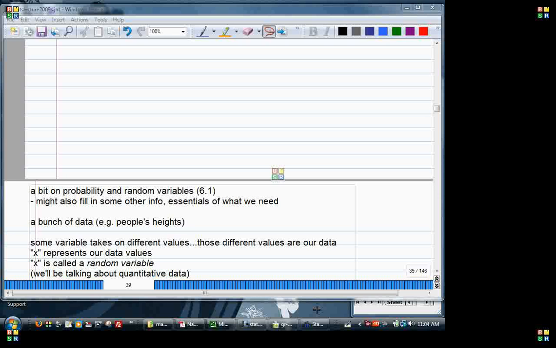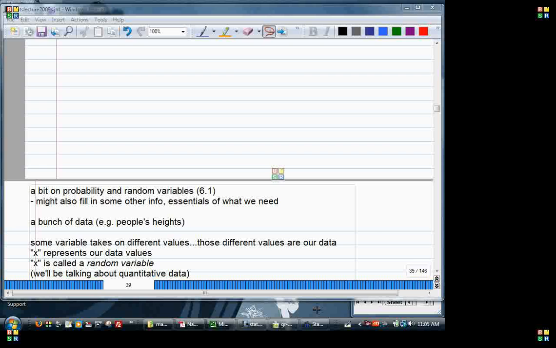Okay, so what we are doing now is we're going to make a transition to phase 3 of this class, which is once we have all our data, maybe we've presented our data, how can we do calculations and analyze our data? So from now on, for the most part, we're going to be assuming that we have quantitative data, and we'll be doing calculations with this data.